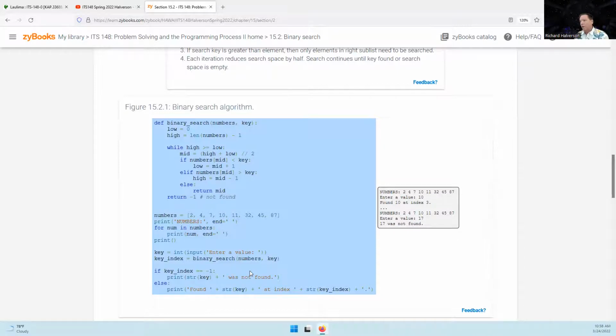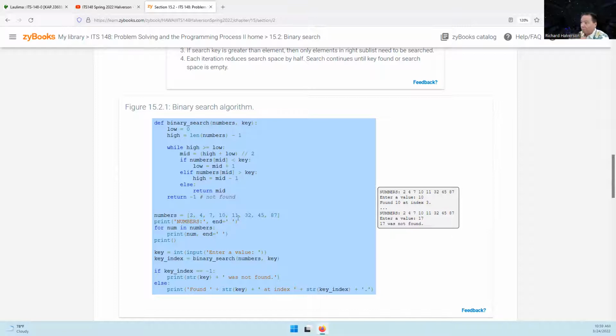Binary search calls itself, looks at the middle one. Is it the middle one? No, it's not. Is it in the lower half or the upper half? Whichever half it's in, it calls binary search on that half. So it keeps on calling binary search until the indexes cross or until you actually find it.